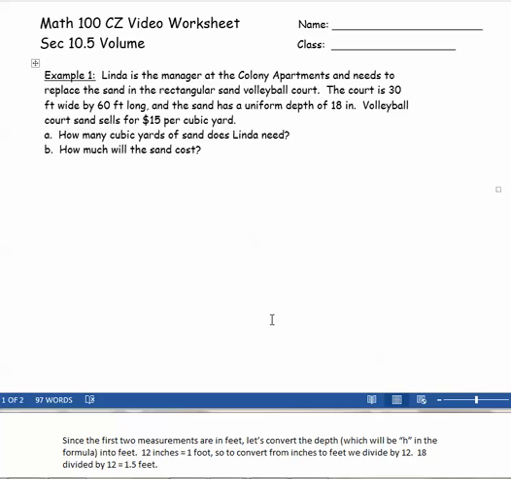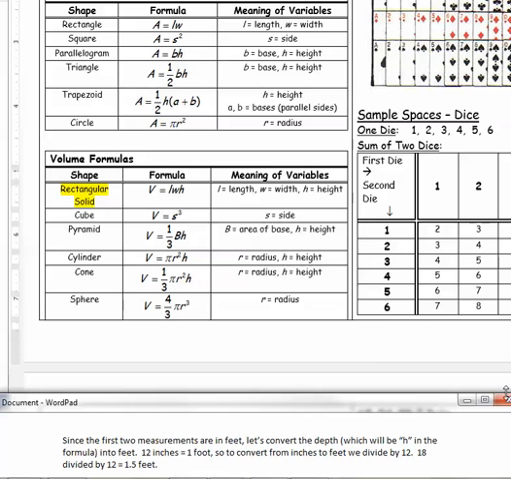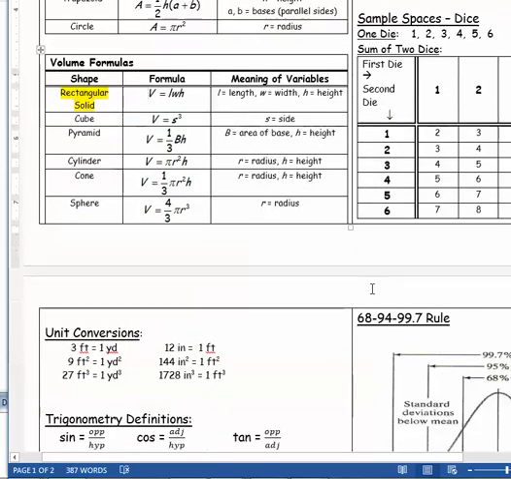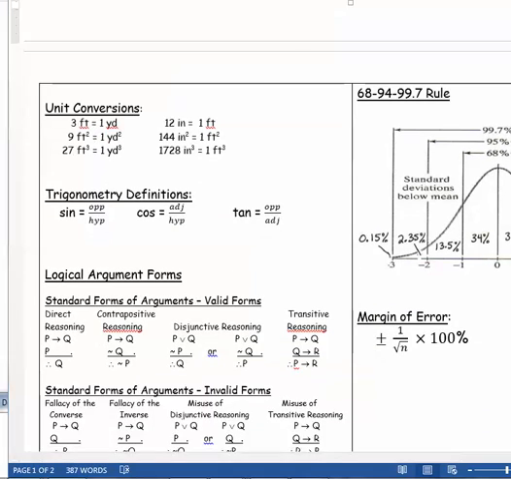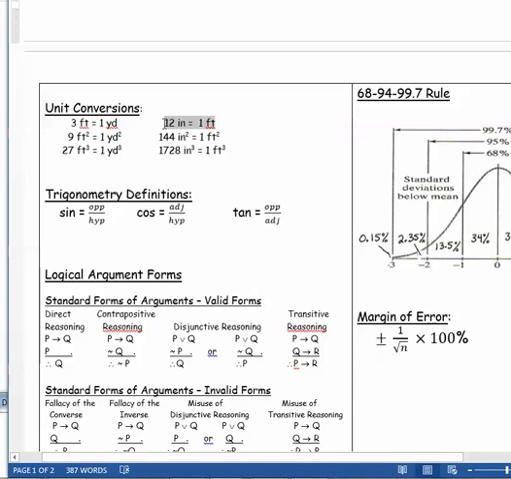So writing our formula, volume equals length times width times height. And now to convert, we need our conversions from the formula sheet. We need 12 inches equals 1 foot.